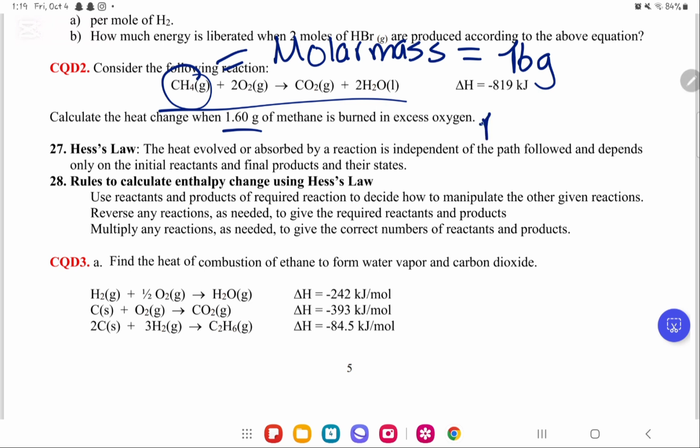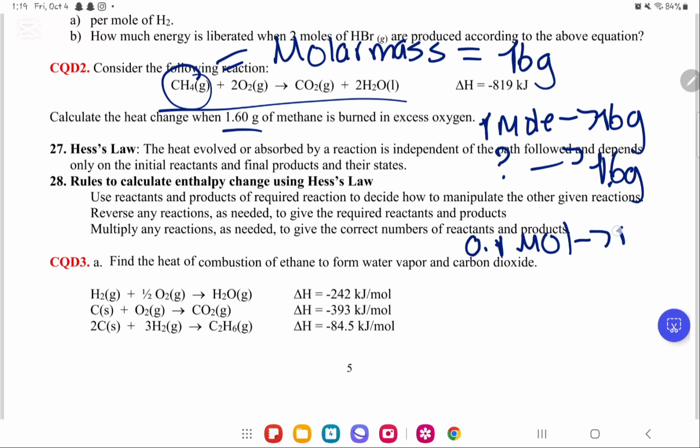1 mole gives us 16 grams. Okay, how much will 1.6 grams give us? This is stoichiometry from last year. You do cross multiplication, and you are gonna get that 0.1 mole gives us 1.6 grams.